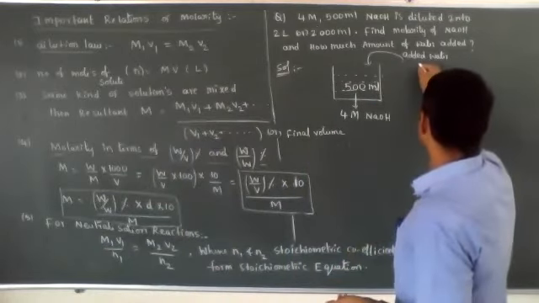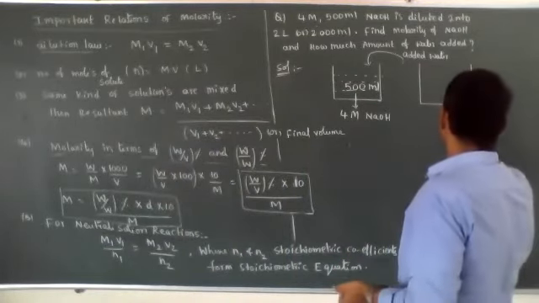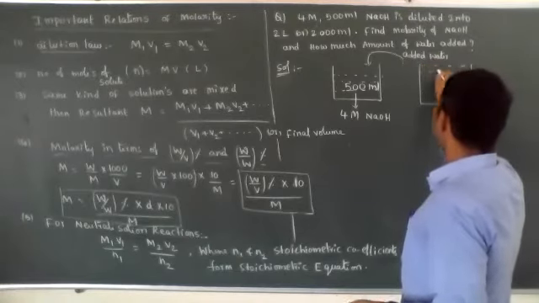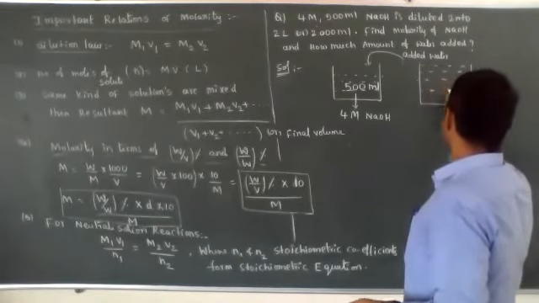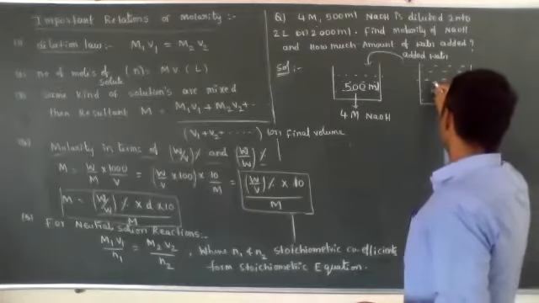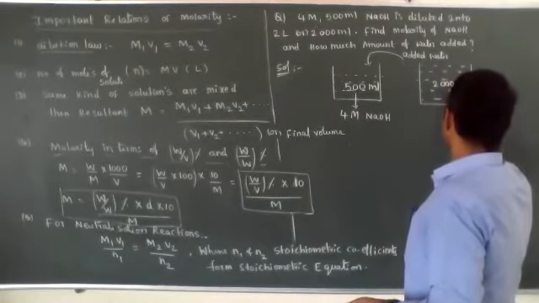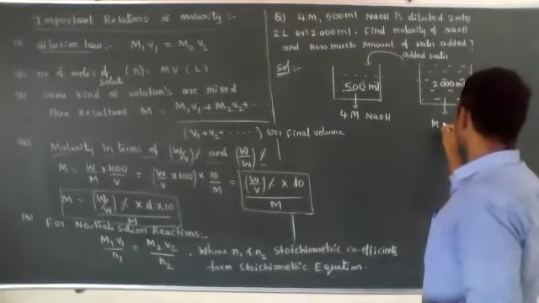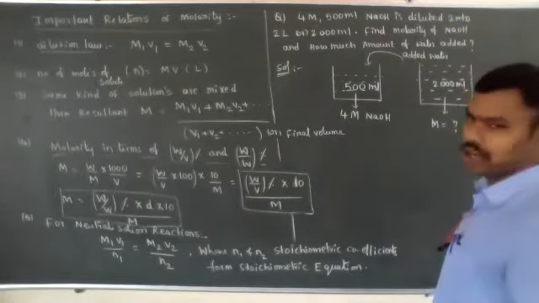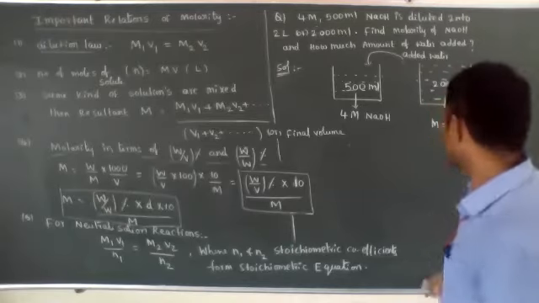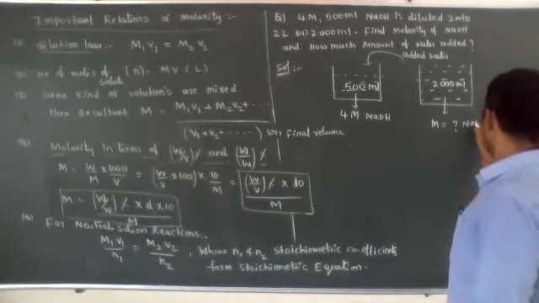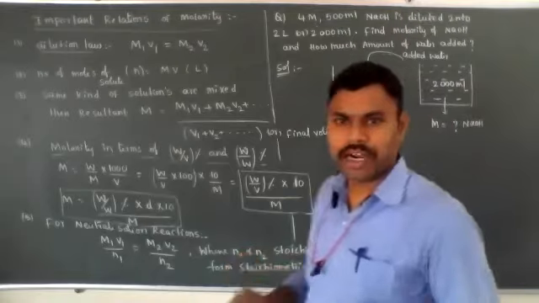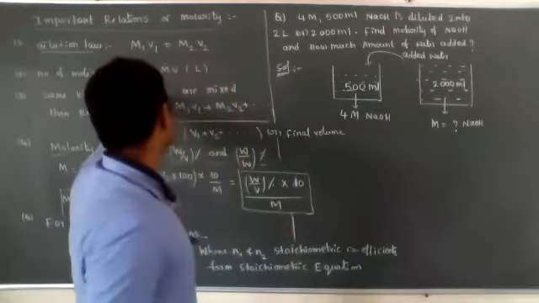After addition of water, the volume becomes 2000 ml. But what is the molarity of NaOH? See, the NaOH quantity is not changing.